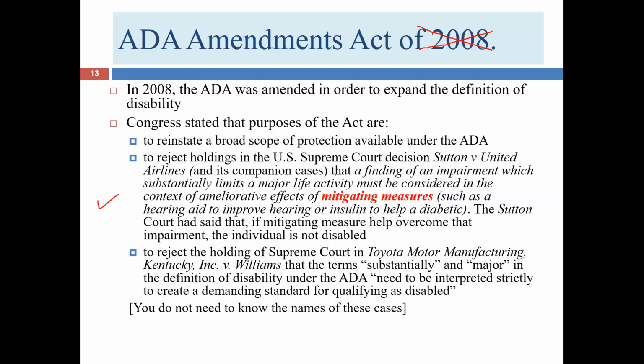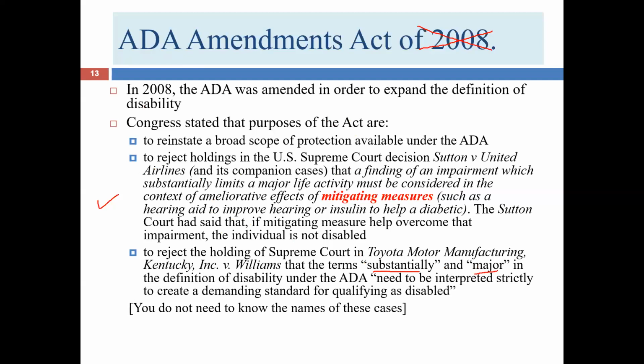Another important U.S. Supreme Court case that the Congress overturned by this amendment was what the terms substantially and major mean in the context of the ADA.